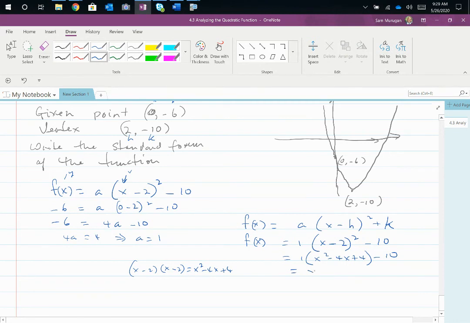So this gives x squared minus 4x plus 4 minus 10, which is f of x equals x squared minus 4x minus 6. That is your function.